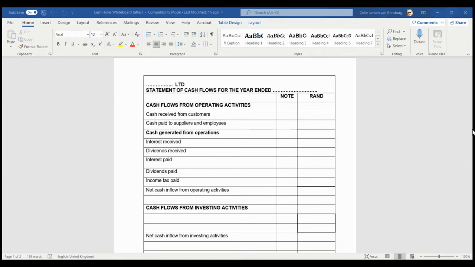So the technique that we are using to determine the flow of cash for the purposes of this statement is to reconstruct the ledger account on which the accrual took place. Why? Because on the same ledger account where the accrual took place, the flow of cash would also be recorded.